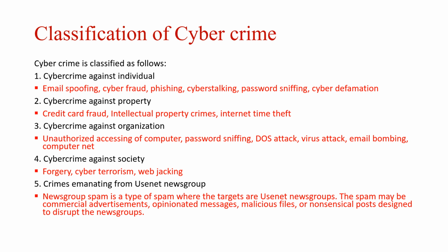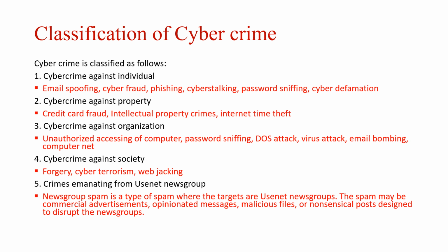There are different categories of cybercrime. We basically categorize them into five types. First is cybercrime against individuals, as the name suggests, crime which is done only against an individual. For example, a person is attacked by phishing mails, or may be the victim of cyberstalking.